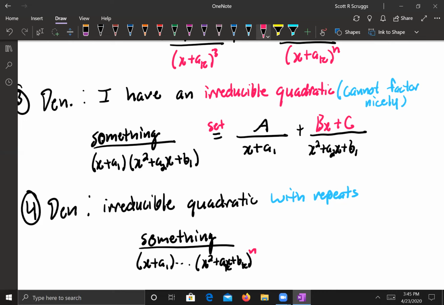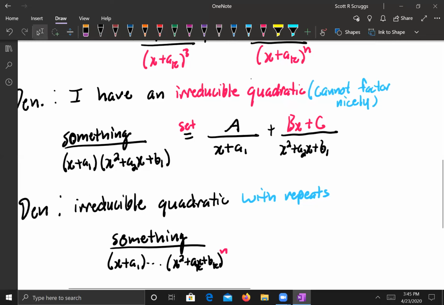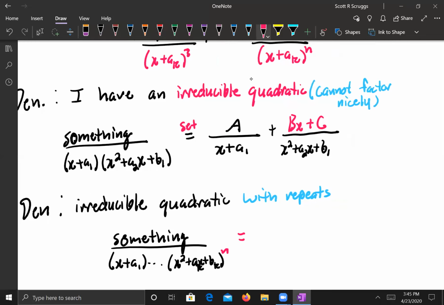So now we ask ourselves, what do we do in that scenario? Well, our approach is going to be similar to case 2, in which we're going to keep repeating until we exhaust that power n. So I have some linear terms in the denominator, do as I would.